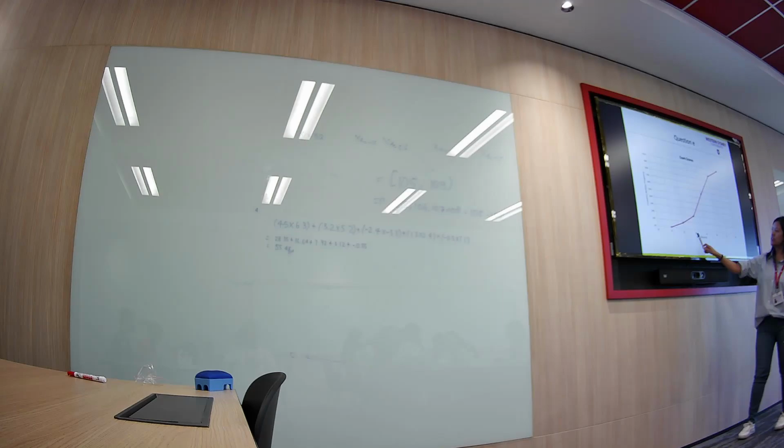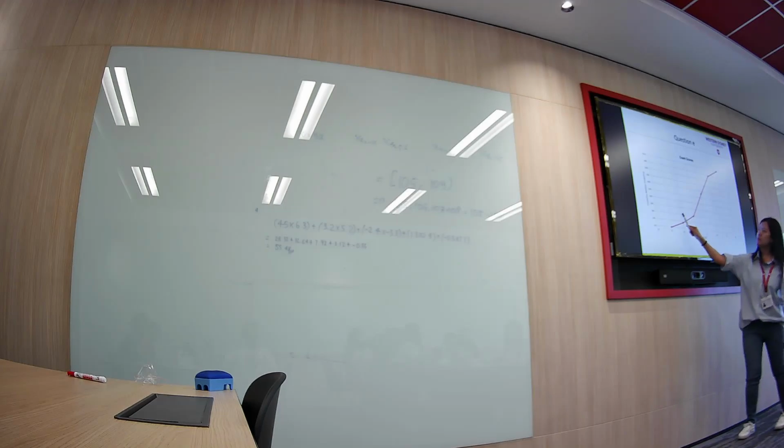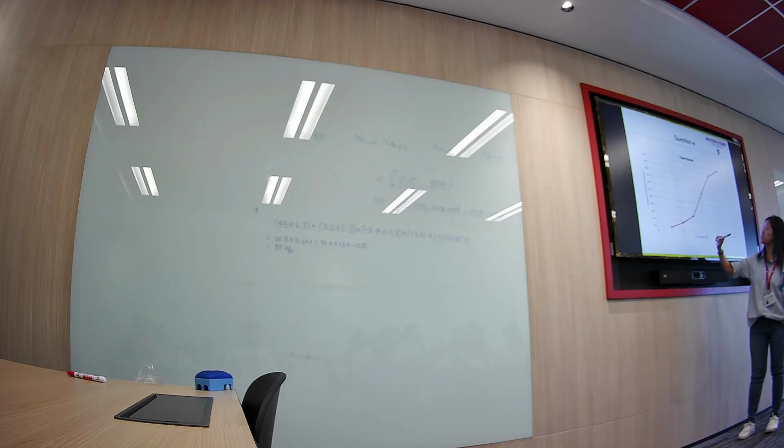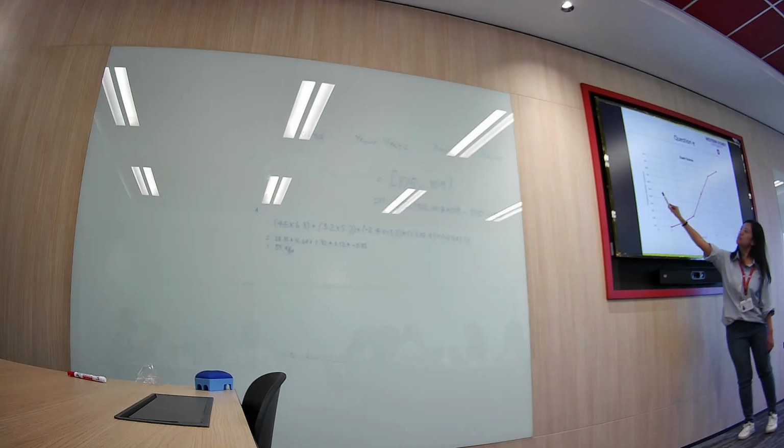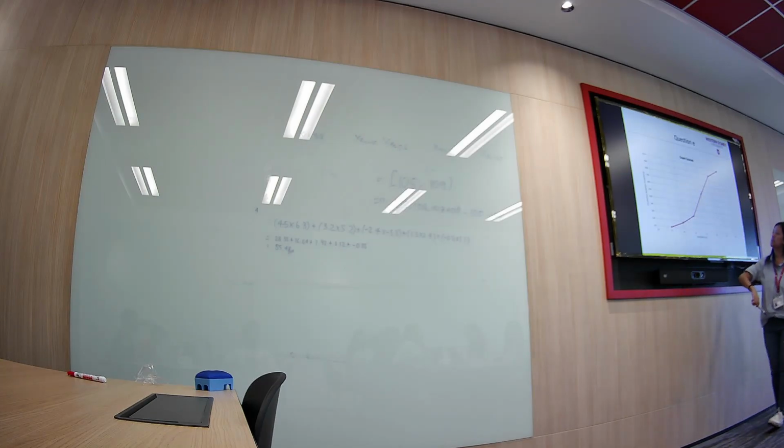So I can tell, for example, how to read the ogive. 20% of the students get a score below 40. And how many students get a score below 50? It will be less than 60 something.